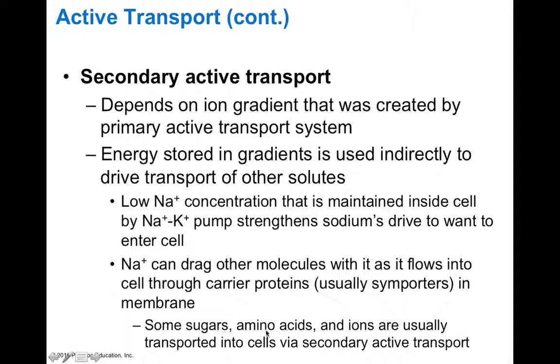So things like sugars, amino acids, and other ions can be transported into the cell through secondary active transport, because if you allow sodium to flow down its concentration gradient back into the cell, it can bring another molecule with it. And that's why it's secondary active transport: you're not using ATP directly, rather you're relying on the concentration gradient that already exists across the cell, and that's stored chemical potential energy, and you can use that energy to help transport other molecules like sugars, amino acids, and ions.